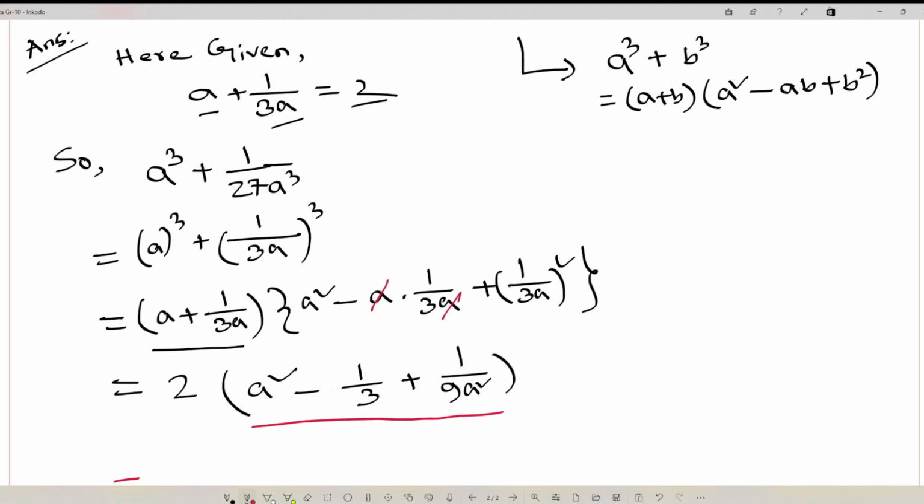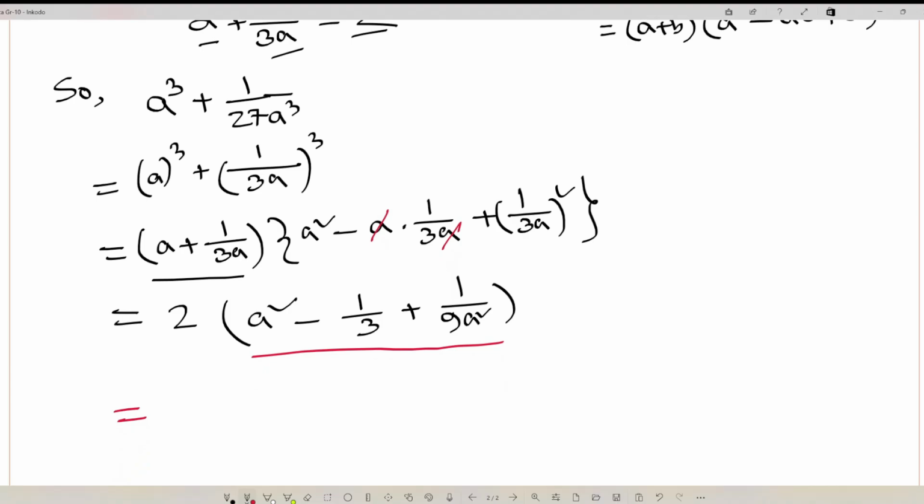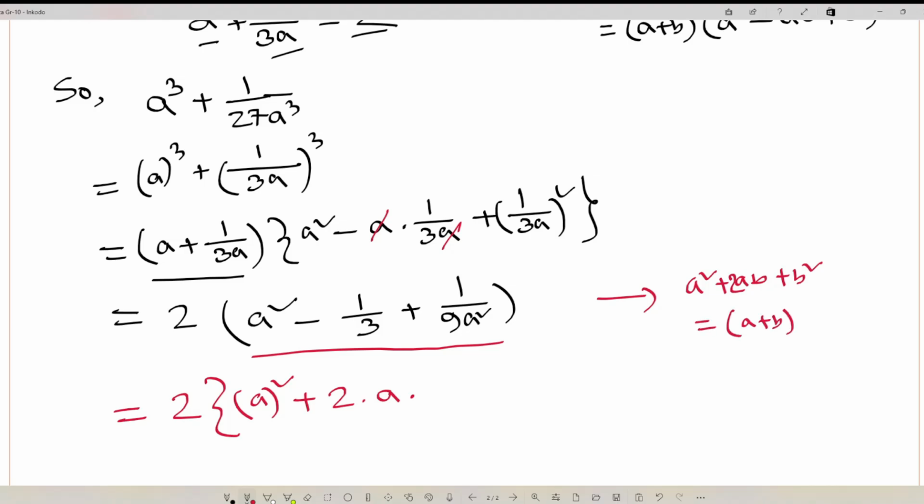We have a plus 1 by 3a, so we can write a square, plus 2ab, plus b square, which is a plus b whole square.